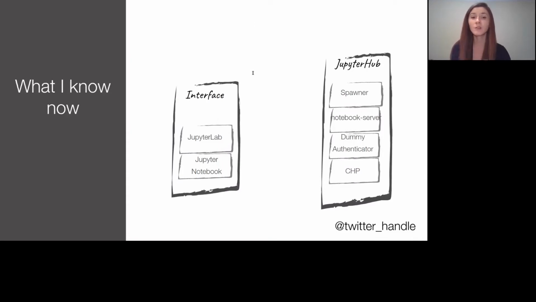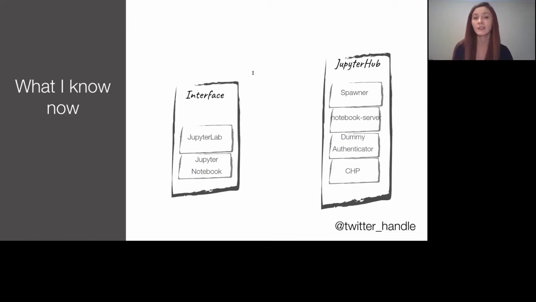So let's put some more light on those first notions I mentioned at the beginning that were new to me. So both the Jupyter Notebook and JupyterLab are called interfaces. They are web applications and basically are what we perceive as being the notebook.